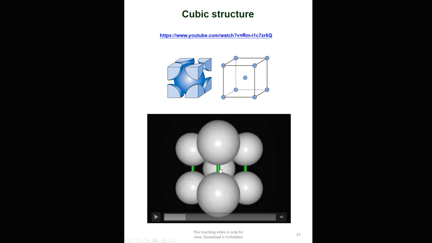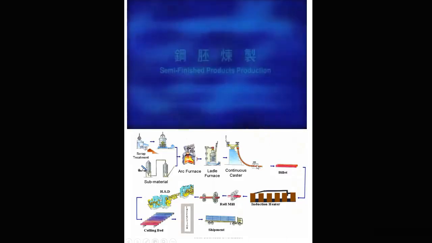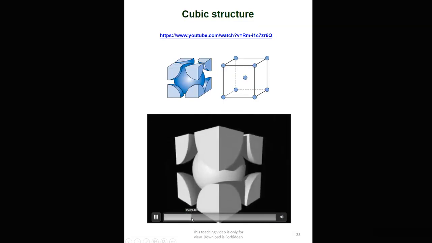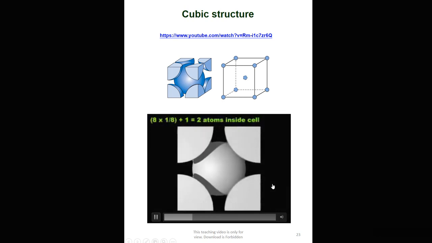Here is not enough space for carbons. Okay, you may find here. Let's look again. This gives the equivalent of 2 atoms inside the cell.